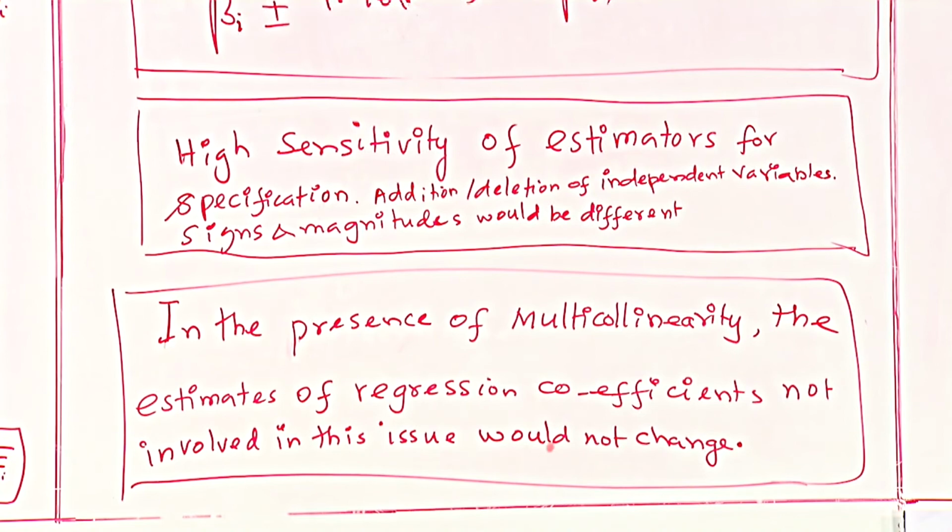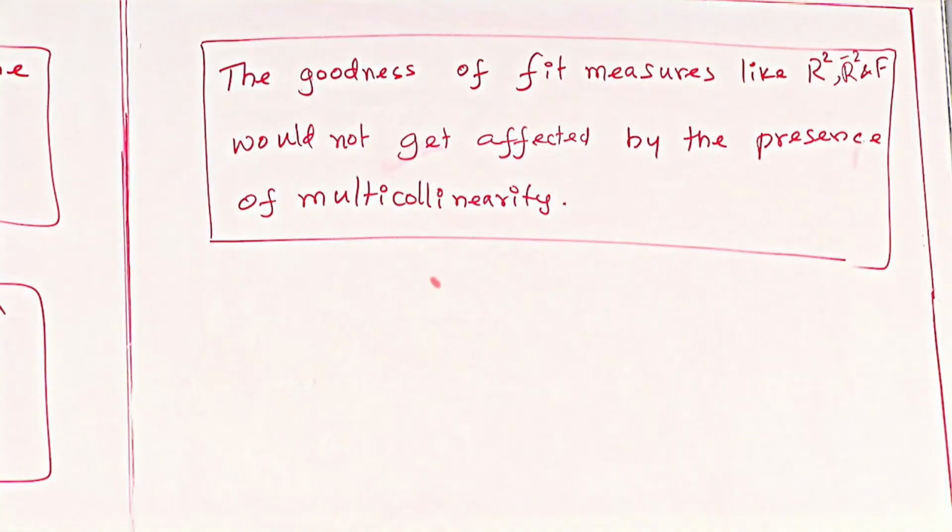At the same time, the goodness of fit measures like R square, R bar square and F would not get affected by the presence of multicollinearity. So, that is the result. It will be very interesting to see.